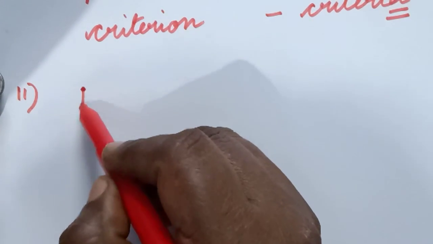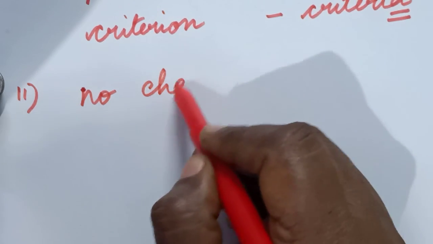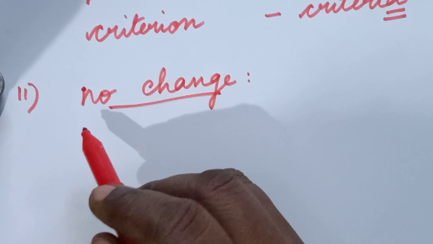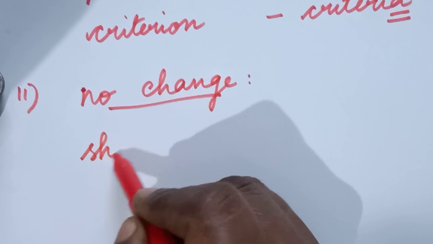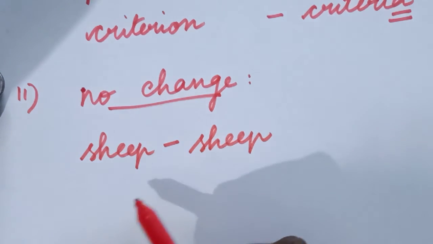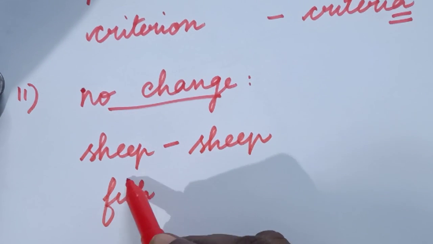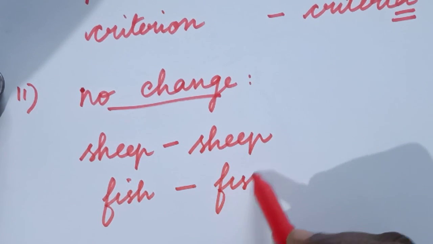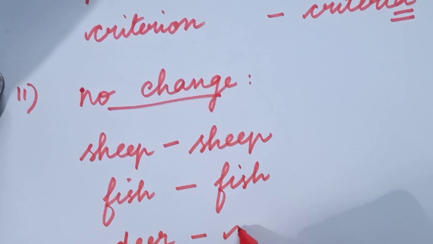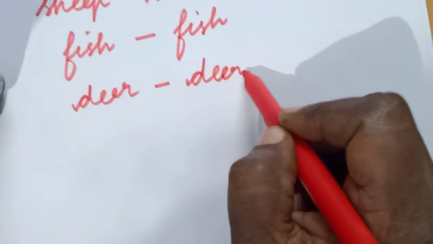Then the 11th rule is, some nouns will not have any change at all. No change will be there in these nouns. For example, sheep. In plural form also it is sheep only. Fish. In plural form also it is fish. Deer. In plural form also it is deer only.